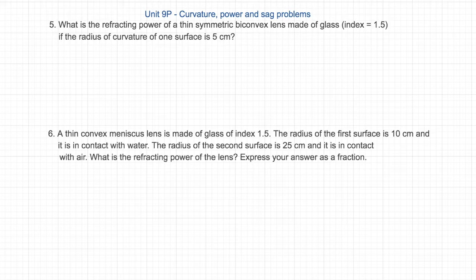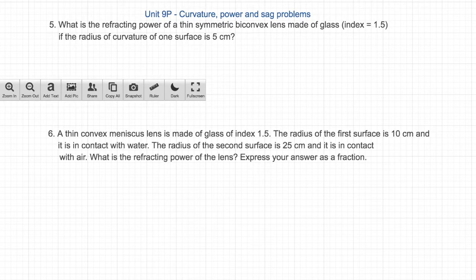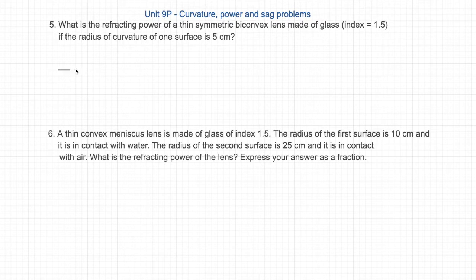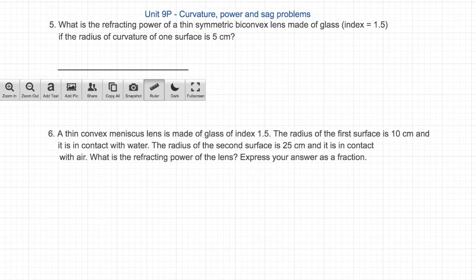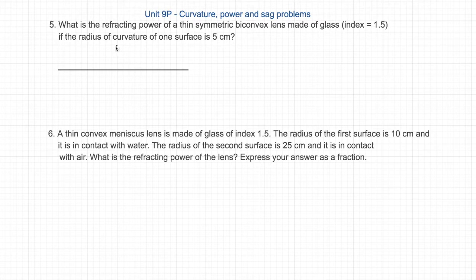Question 5, what is the refracting power of a thin symmetric biconvex lens made of glass index 1.5 if the radius of curvature of one surface is 5 centimeters? So symmetric means that the radii of the two surfaces are equal with opposite signs.